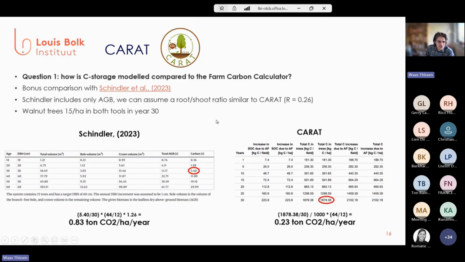Another bonus comparison I did was with a paper from THL on walnuts in Germany. They only did above ground biomass, so I assumed a similar root shoot ratio as sHL, which was 0.26. Here I made another comparison of 15 trees per hectare in year 30, and THL is a little bit higher.